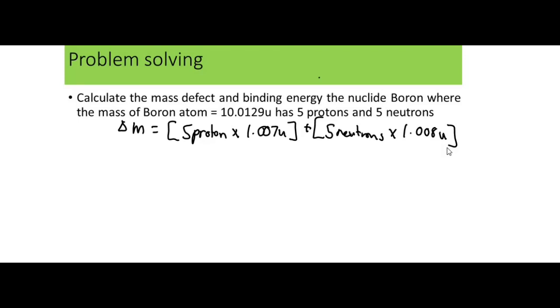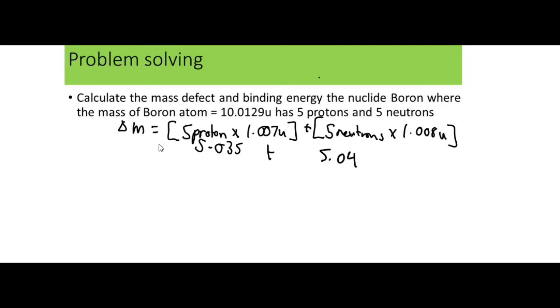So now let's multiply it. So 5 times 1.007, that would be 5.035, and then 5 times 1.008, that's 5.04.